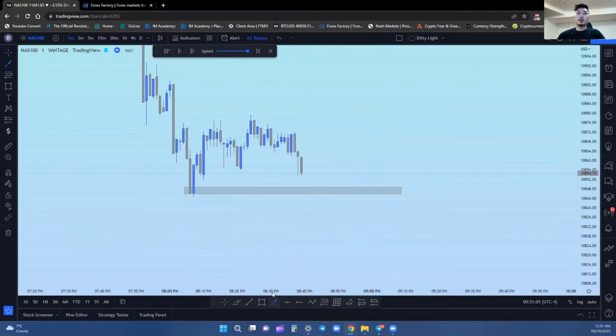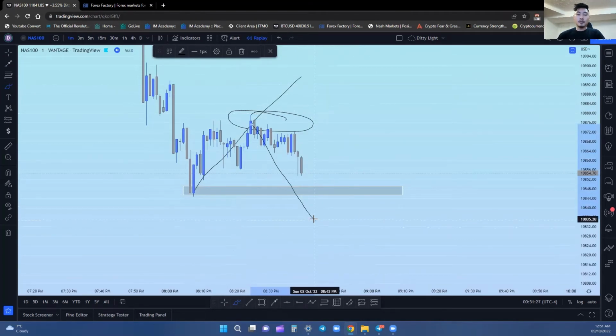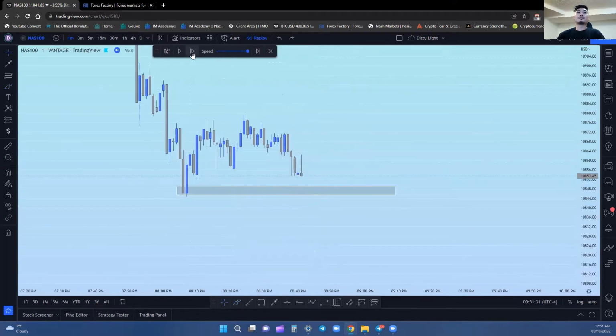Because lower than this would confirm, okay, so if you push it up and then buyers don't have enough strength to push it higher, this should create a lower low, right, to maintain the bearish momentum.